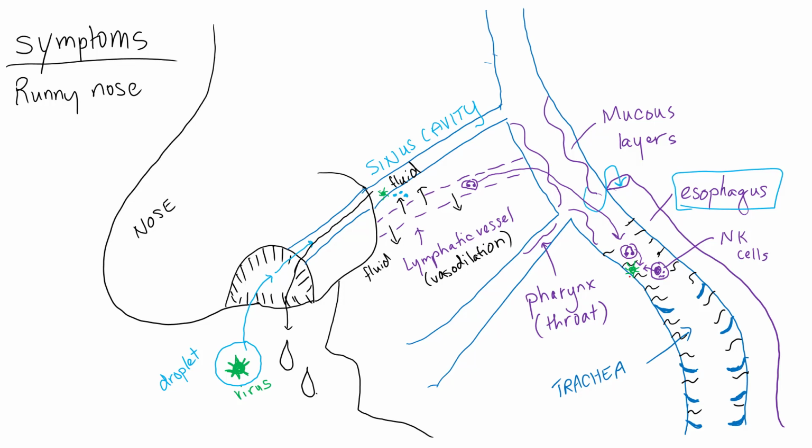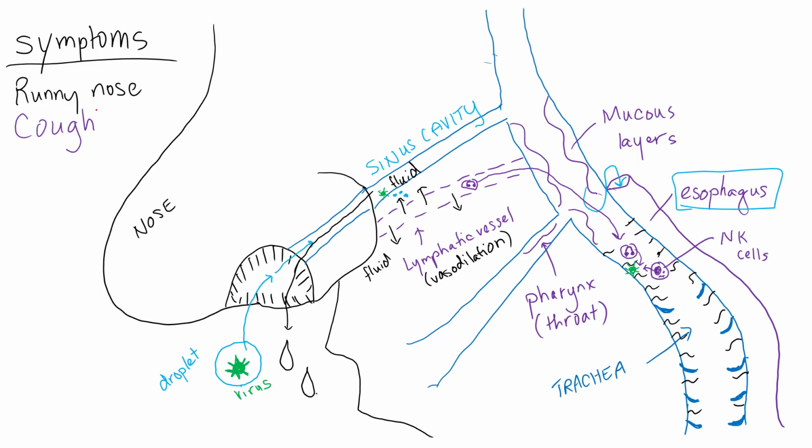And so what happens is the cilia that line your trachea get damaged. And what happens then? Well, now it becomes difficult to clear the back of your throat. There's a lot of debris of all the cell death occurring along the trachea. So one of the other symptoms you get is a cough. The reason why you cough is because those ciliated cells of your respiratory tract are damaged.